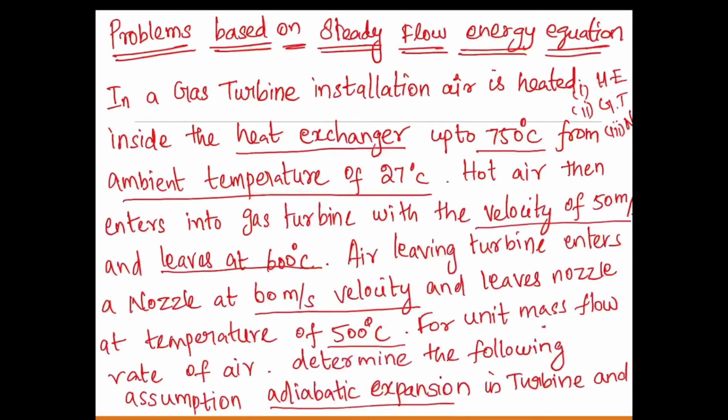The hot air enters the gas turbine with a velocity; in the gas turbine we have two given data, one is velocity, another one is temperature. Similarly, after the turbine, the air enters the nozzle at 60 meters per second velocity and a temperature of 500 degrees centigrade.